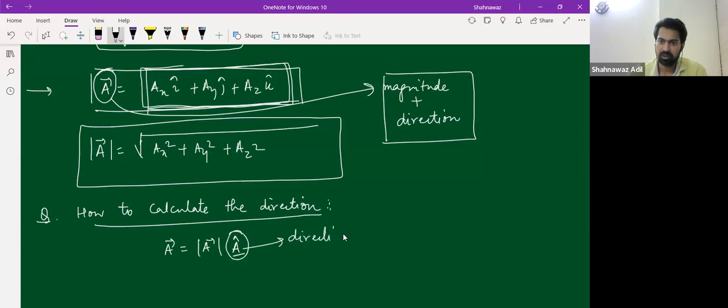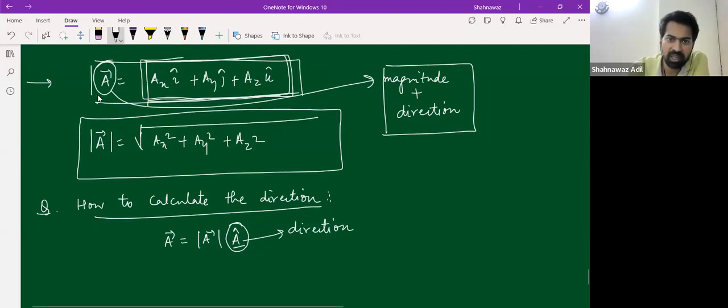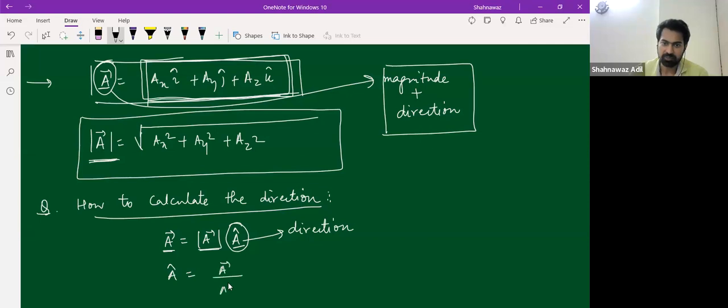We know this vector and we know this magnitude, so we can calculate the direction from here. So a hat would be the a vector divided by its magnitude.